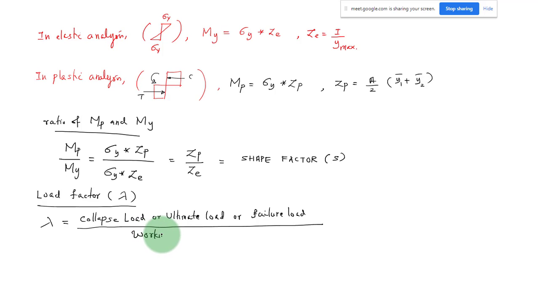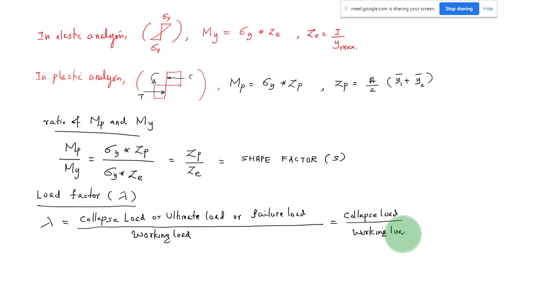Working. Just for simplicity, let me write only one term. Maybe I will write collapse load. So the ratio of collapse load by working load is the load factor.